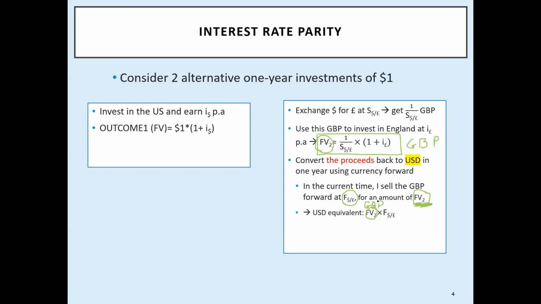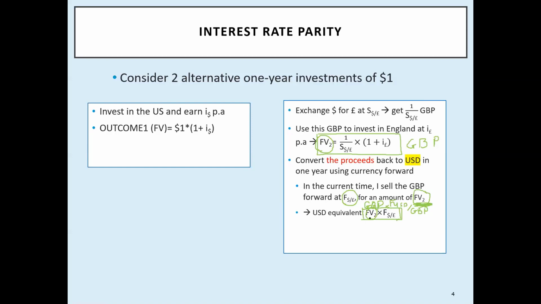If I want to compute the US equivalent after this forward transaction, I'm going to times it by the USD divided by the pounds, okay? And this is a forward transaction, so I'm going to write F here, okay? So after this step, I see that with my UK investment, after I convert it back into the USD, I will get this much in USD, okay?